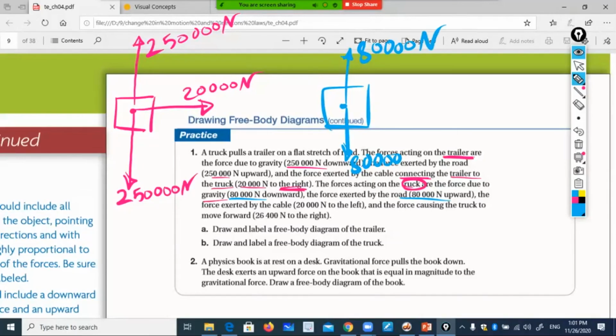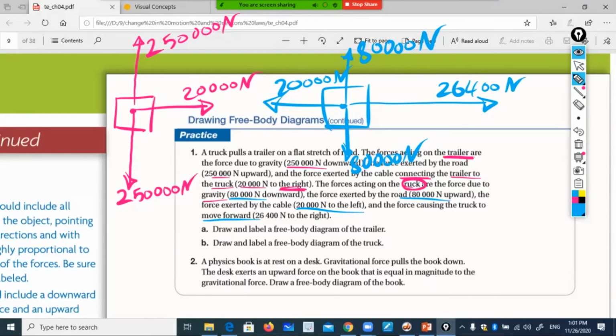And the force exerted by the cable that comes from the trailer to the left, 20,000 newton. And the force causing the truck to move forward, it means to the right, will be larger than this, equal to 26,400 newton to the right.